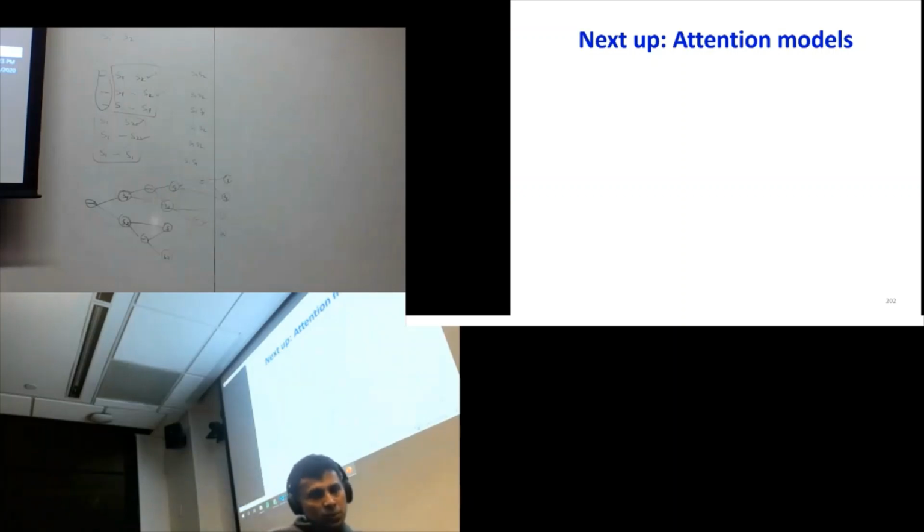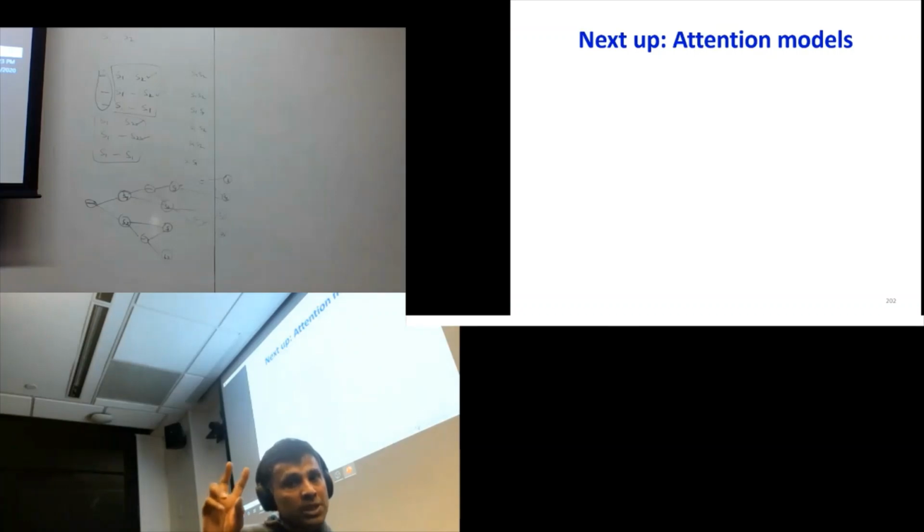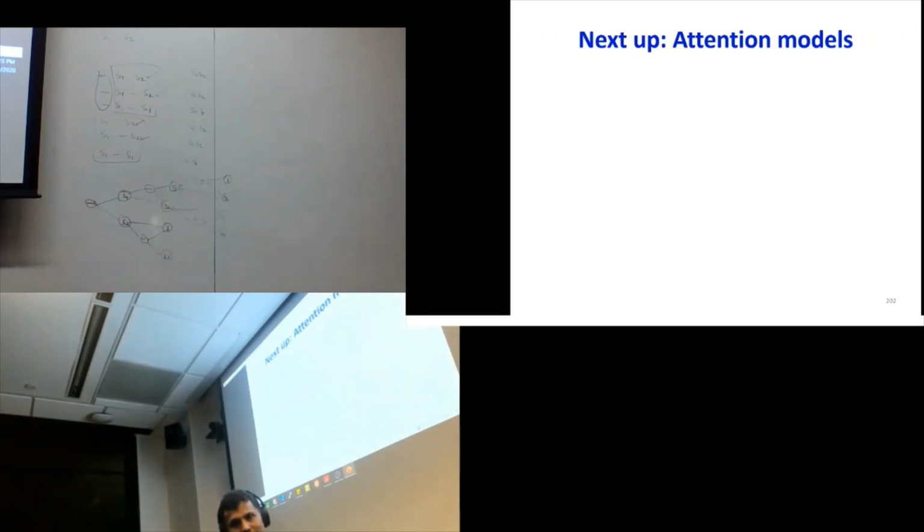Now, all of this was still with, remember, when we started speaking of sequence to sequence models, we said there were two cases. One was where the output was order synchronous with the input. There's a second case where the output need not be order synchronous with the input. An example is machine translation. So we've dealt with the order synchronous problem so far, where the output occurs in the same order as the input, and the number of output symbols is less than the number of input symbols.